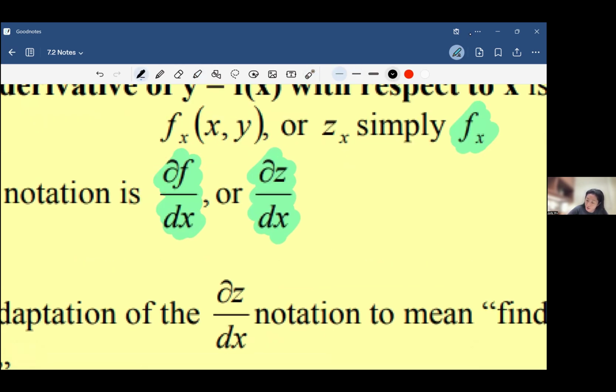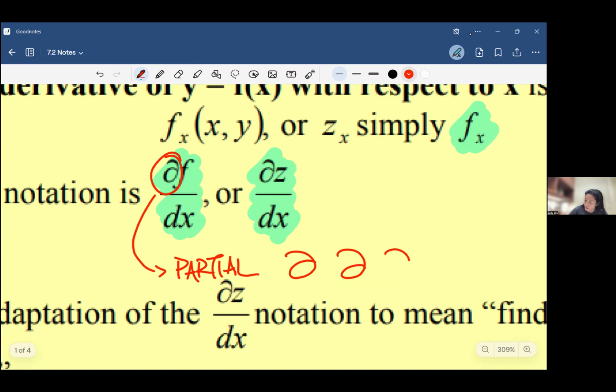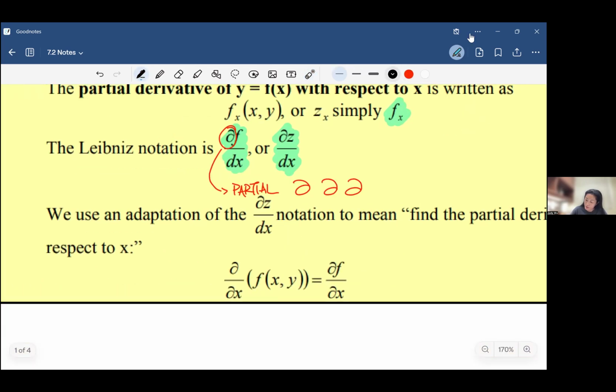It's called partial. And we write it kind of like a 2 with a big fat bubble on the bottom. But those symbols are important to use when we're saying we're taking a partial derivative, okay?